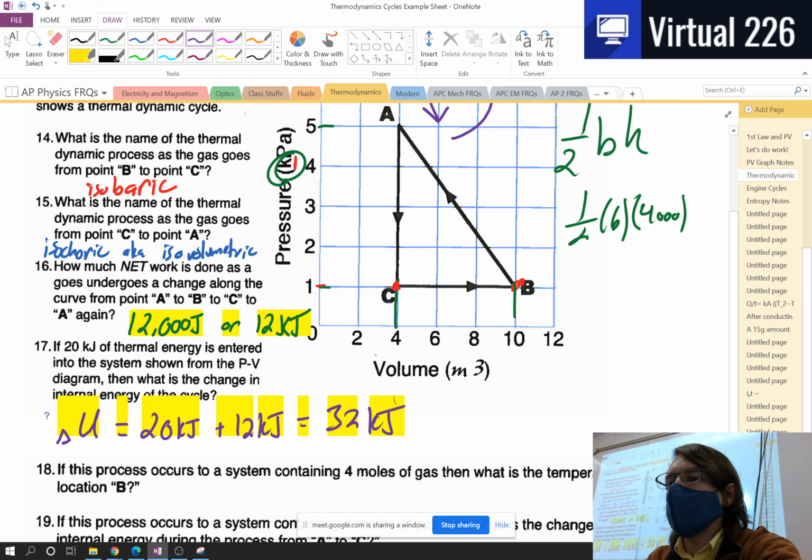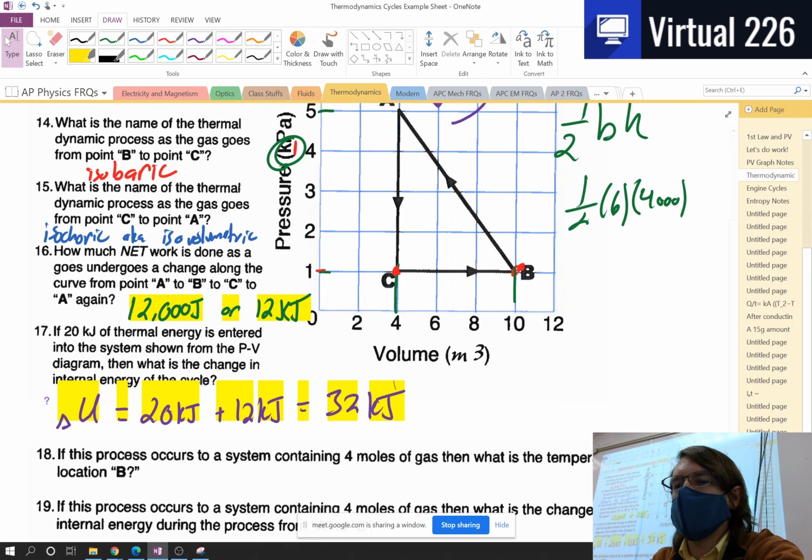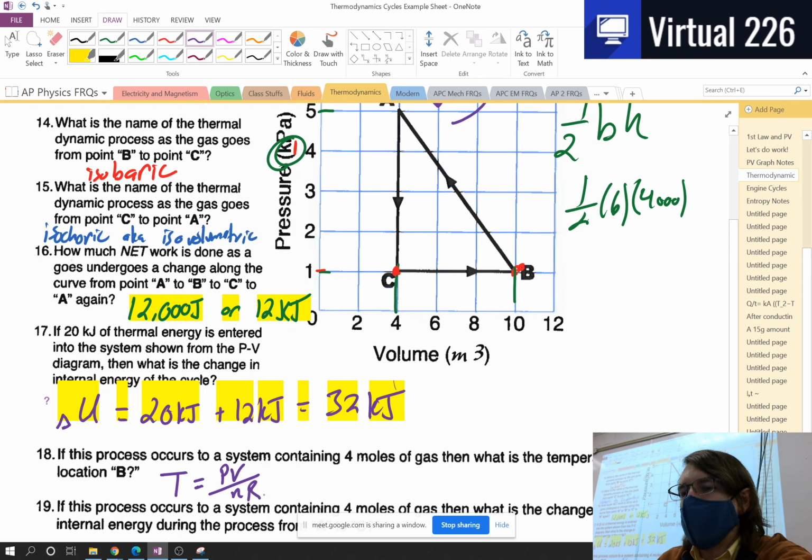Okay, if we want to just find temperatures at specific locations, if the process occurs to a system containing 4 moles of gas, then what's the temperature at location B? We know that temperature is given by PV = nRT, we can say temperature equals PV over nR. We know the pressure at point B is 1,000, so this will be 1,000. We know the volume is 10, and then divided by 4, because of 4 moles.